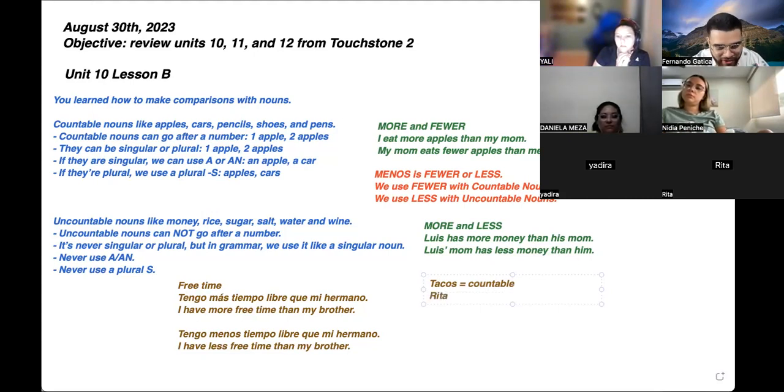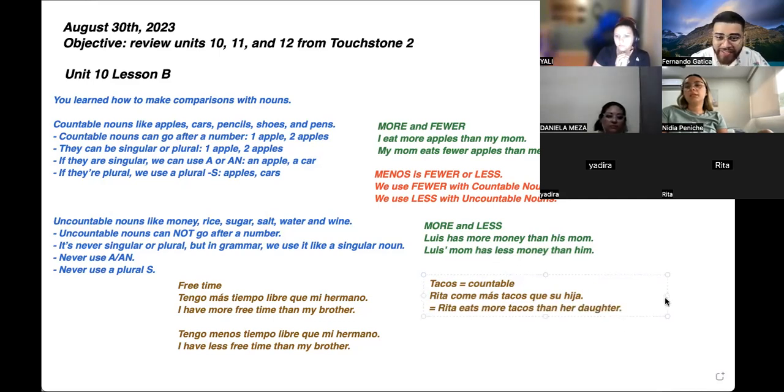How do I say this? Rita come más tacos que su hija. Rita eats more tacos than her daughter. Very good. Good pronunciation, Yolanda.